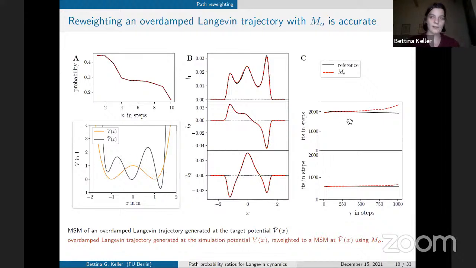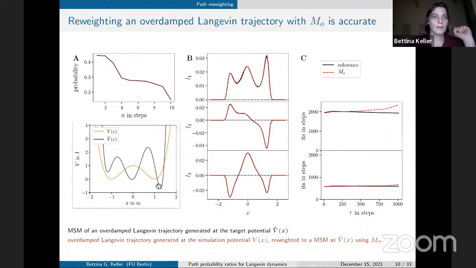And then we have timescales associated to this. So that's 2000 time steps and 600 time steps. And black is the reference simulation where we actually simulated in the black potential, in the triple well potential, and red is the reweighted trajectory.